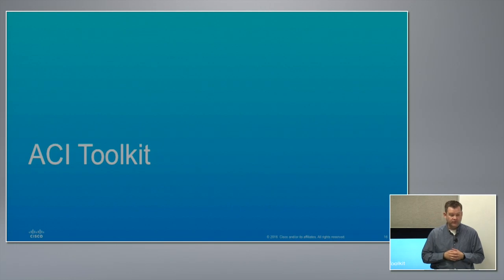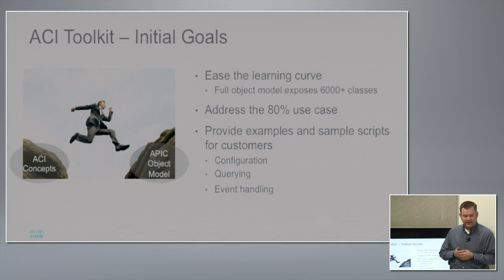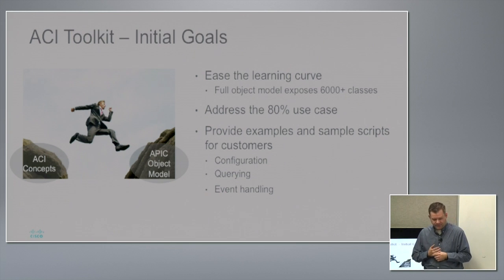We also have what's called the ACI Toolkit, and this is where I spend the majority of my time. Initially, the goal was to take the existing user base of the typical network guy and get him into this new model.